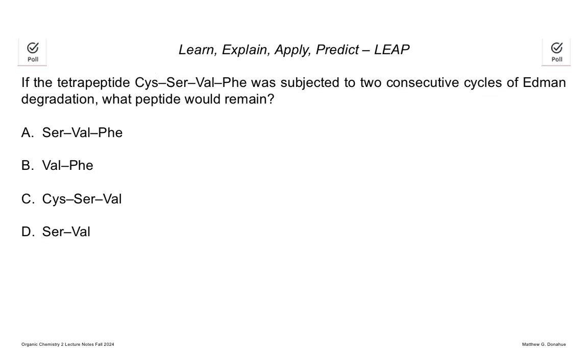So if you have this tetrapeptide Cys-Ser-Val-Phe, and you subjected it to 2 consecutive cycles of the Edman, what peptide would remain? So we'll say cycle 1.